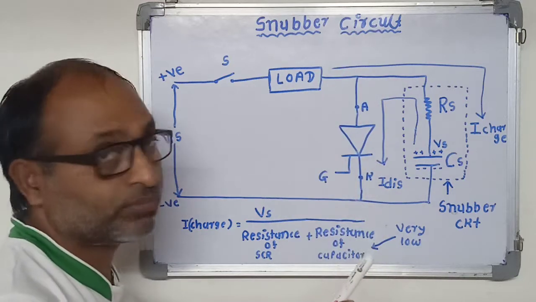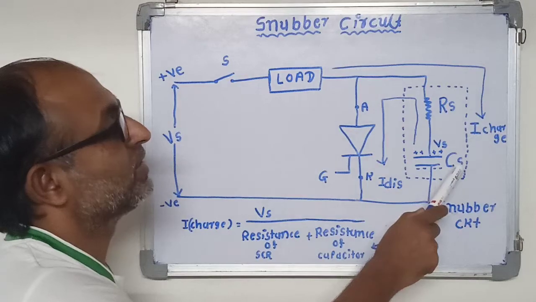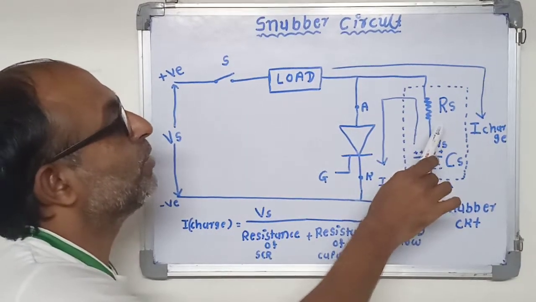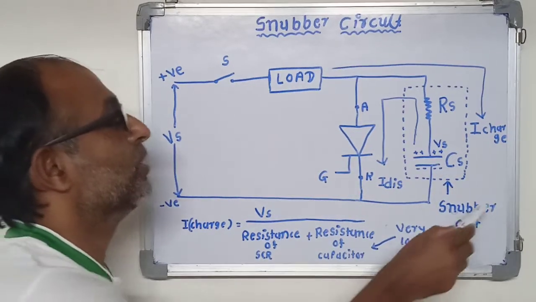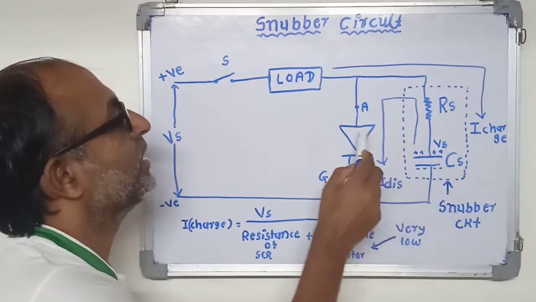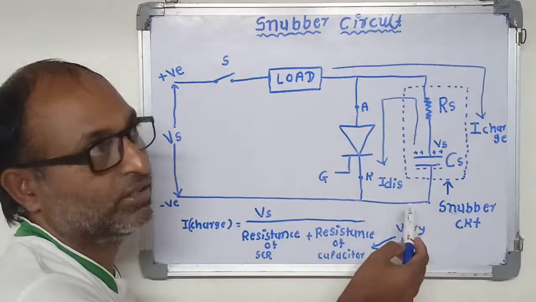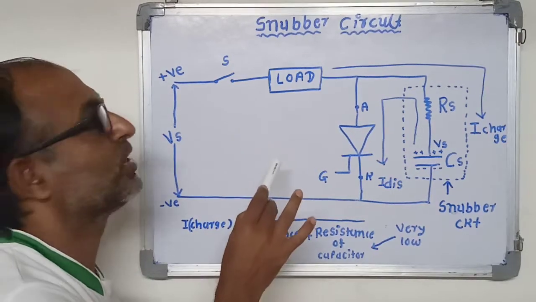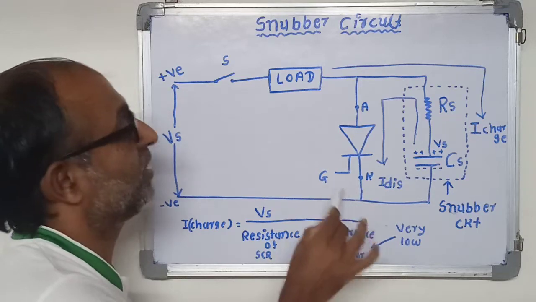Snubber circuit: it consists of a capacitor Cs connected in series with a resistance Rs. This series combination of Rs and Cs is known as a snubber circuit, and it is connected in parallel with the thyristor which requires protection. As shown in the figure, when switch S is closed, the sudden voltage Vs appears across this circuit.